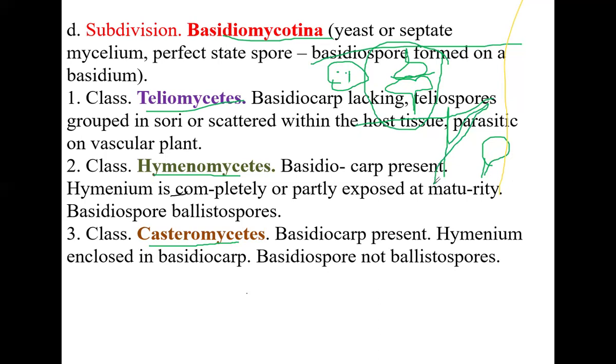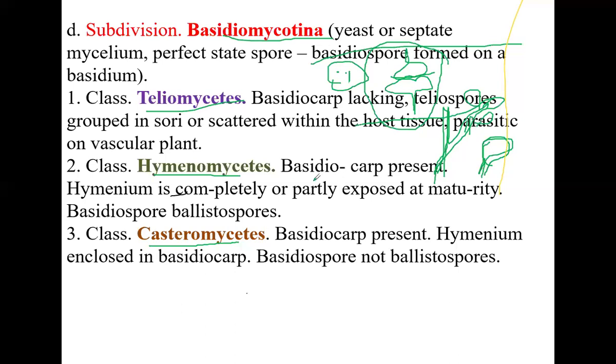If the basidium is septate, we call it phragmobasidium. In the septate basidium, the basidiospores form from the teliospores, also called promycelium or probasidium.